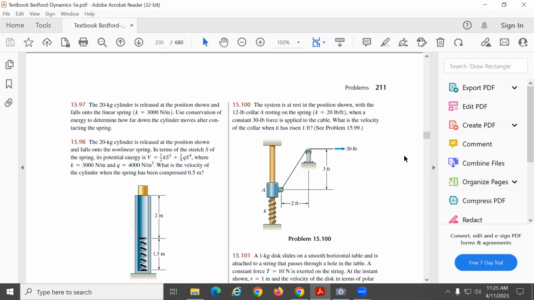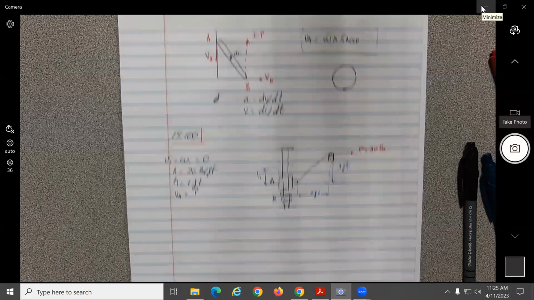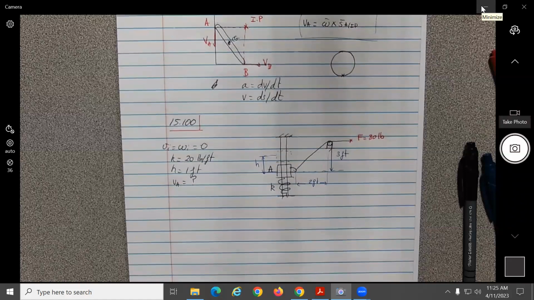Okay, so this is my figure basically. Hope yours is better.